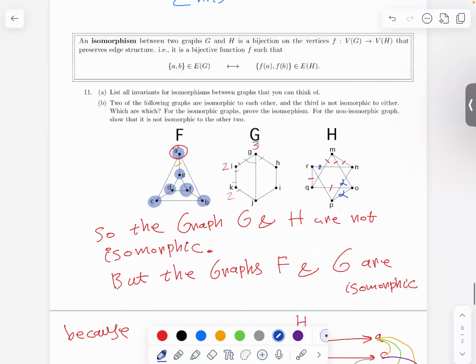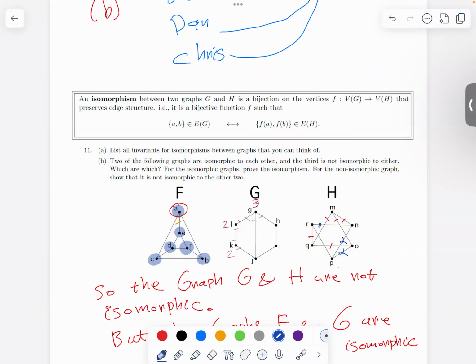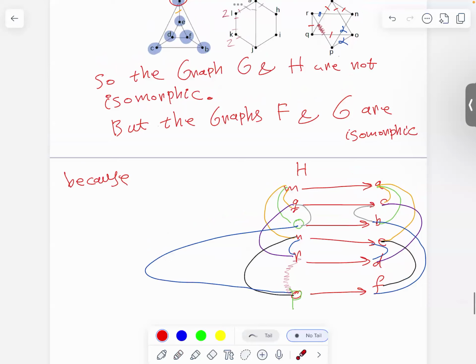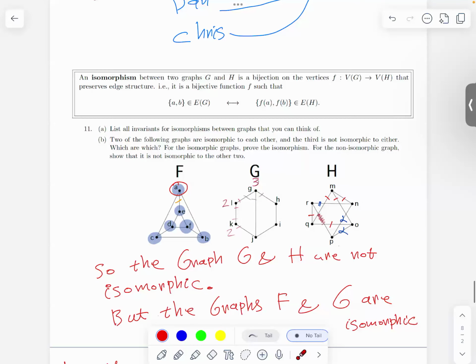Okay. Last one. PR. Is there any edge between D and F?